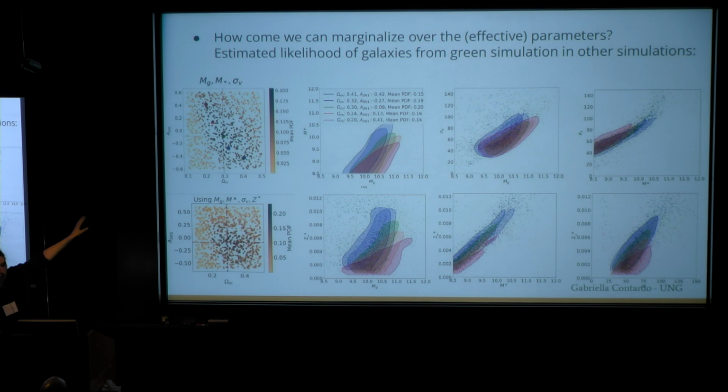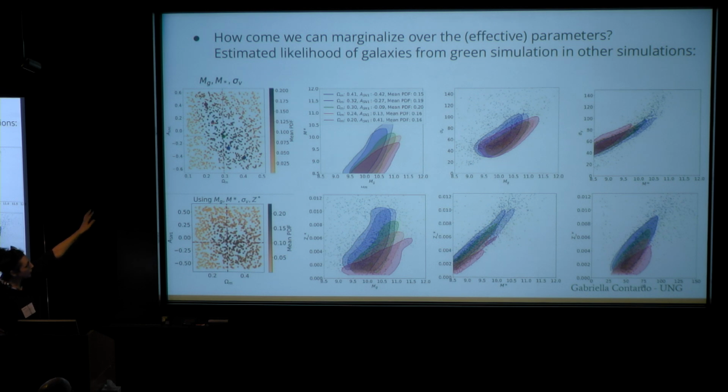For all of the other simulations, I can take the galaxies in this 3D feature space and fit a kernel density estimator, because I'm in 3D, so I'm allowed, and it's still fine. I can then estimate the probability of the galaxies from the green distribution within, let's say, the orange simulation. I can do this for all of the simulations, and this gives me the estimated likelihood, or the mean PDF of all of those.